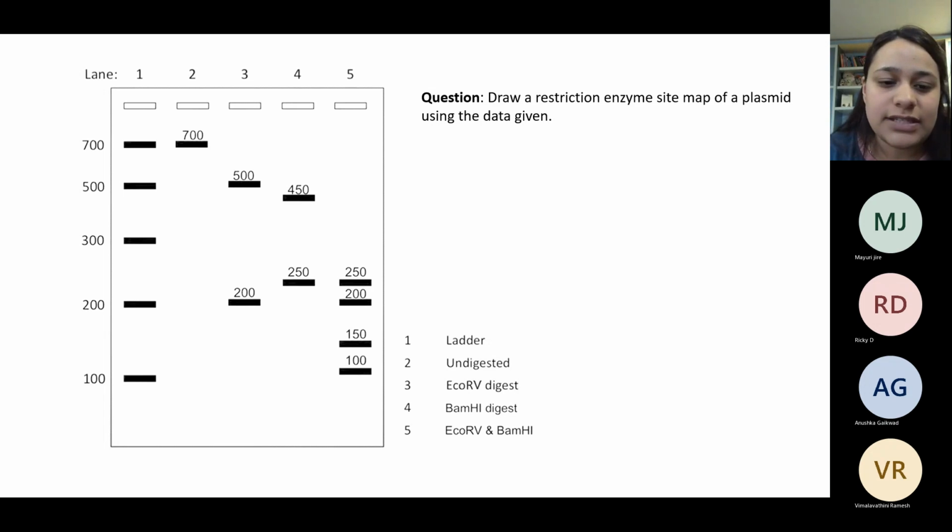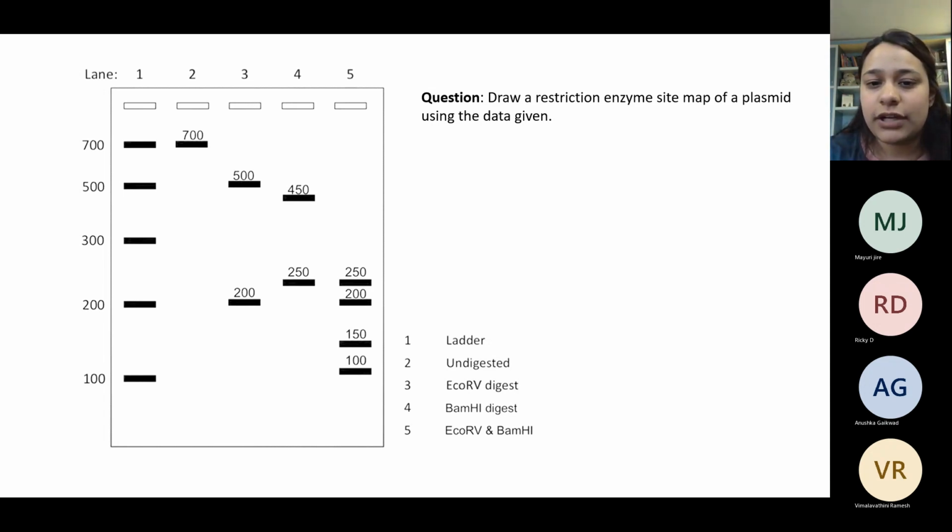After this, there are two fragments that are left, 100 and 150. We can place them anywhere because it is not really going to affect the restriction sites now. So we can say that this one is a 100 kilobase fragment and this one is a 150 kilobase fragment. So the total is going to be how much? 700.